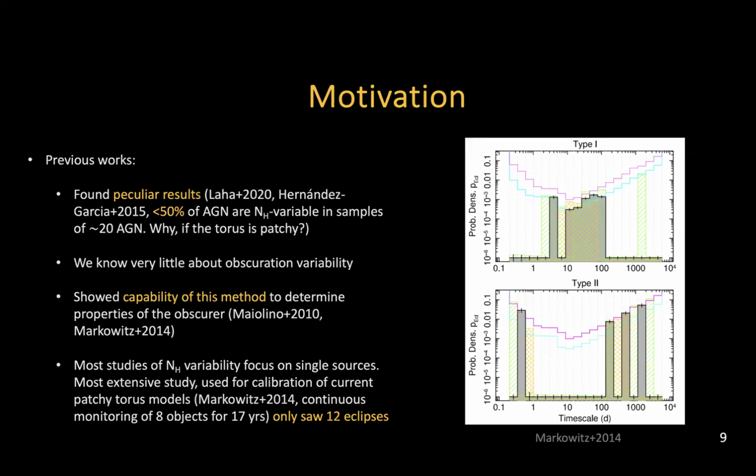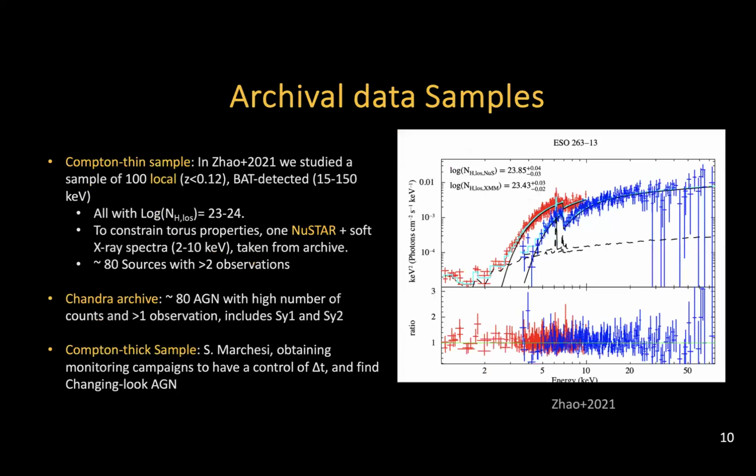So in the context of this project, we have 3 different sub-projects. One of them is based on fitting archival observations available for a sample of about 100 moderately obscured AGN that was initially analyzed by one of our students at Clemson, Shuri Zhao, graduated already quite a while ago.